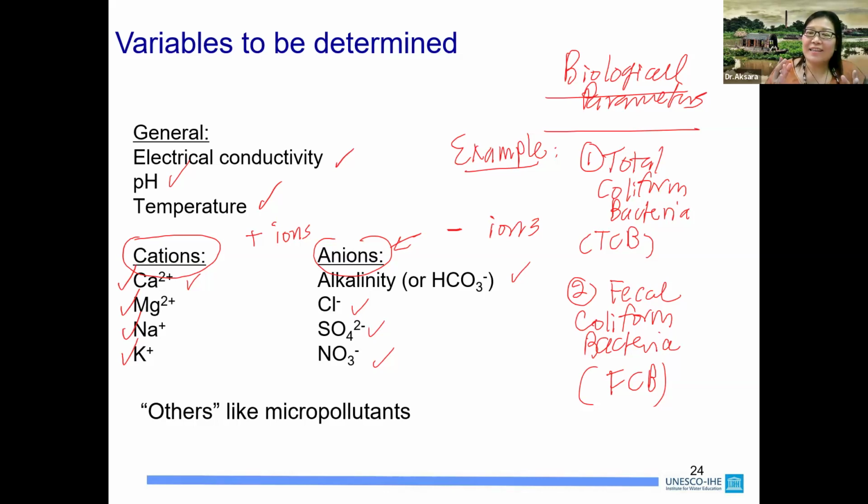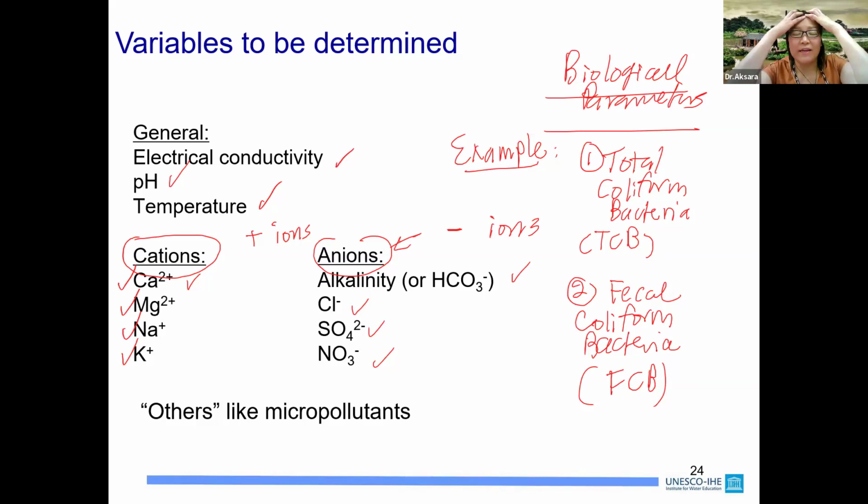But that's one of the weak spots, because recently I have been involved in water quality analysis for many organizations and agencies, and for groundwater I redesigned the parameters that they need to be concerned about.